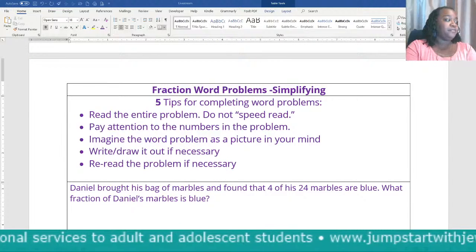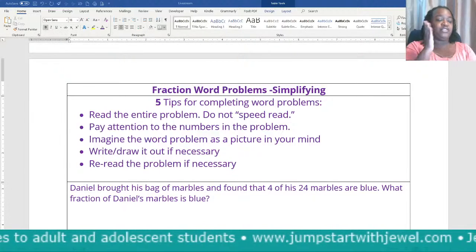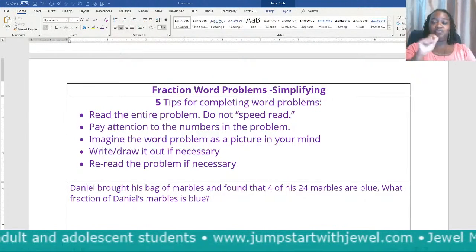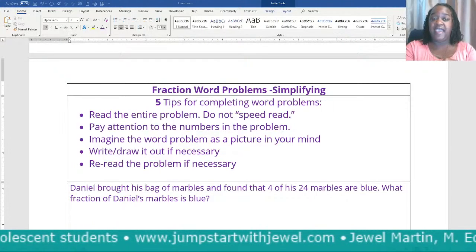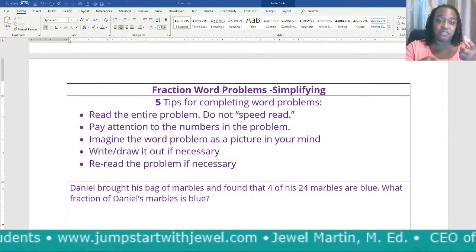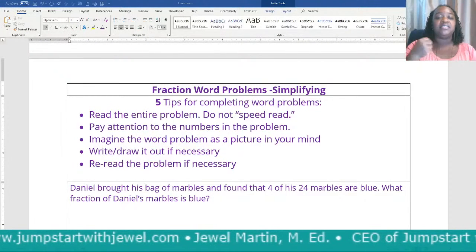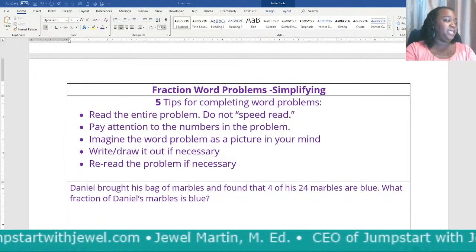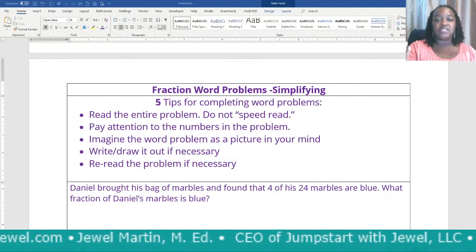And all that basically means is that once you solve your problem, whether you have to add or subtract or just write the fraction down, it needs to be simplified. The fraction that you have is most likely too big, and it needs to be made smaller. It needs to be reduced, so the numbers will get smaller. Simplified, simple. It'll be a little easier to understand, and that's all what simplifying means.